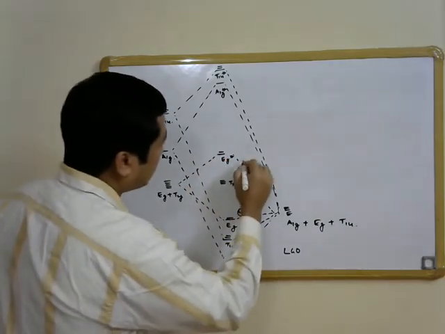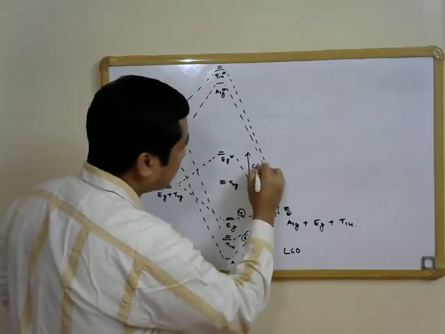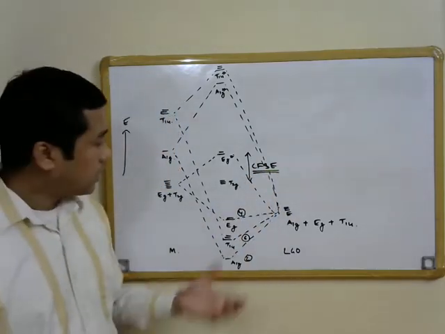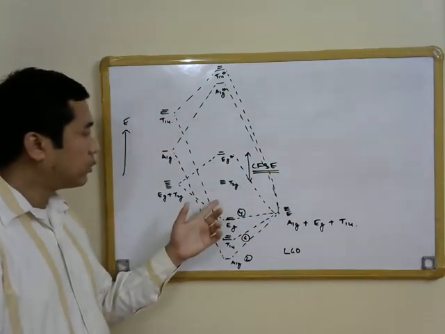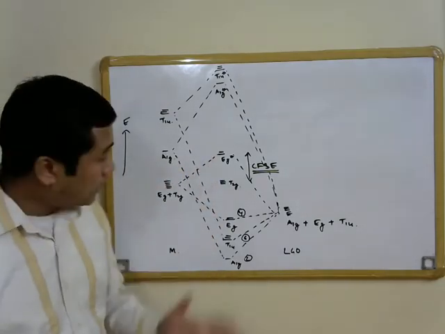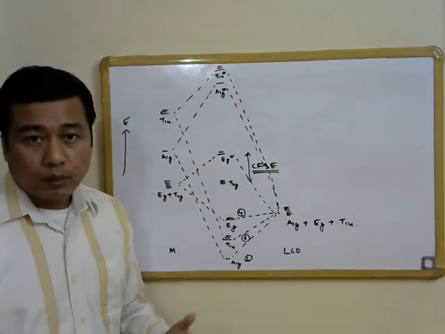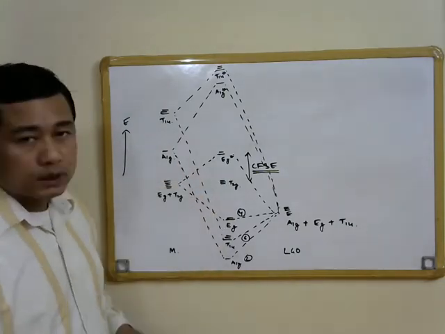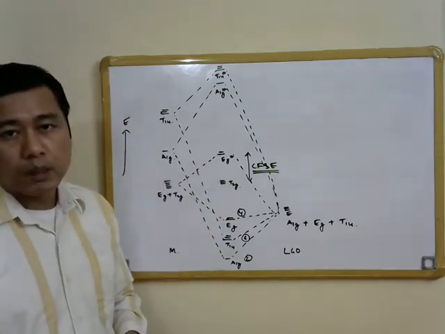This is what we have already learned from coordination chemistry theory: the difference in energy between the T2G set of d orbitals and the EG set of d orbitals is known as the crystal field stabilization energy. And here we can show that this is the crystal field stabilization energy.